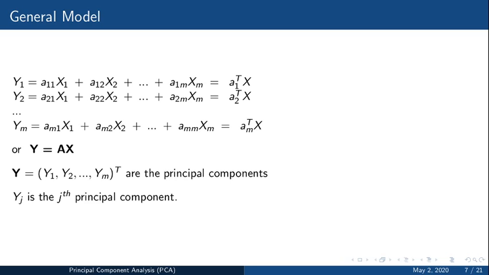If you generalize this model, in the previous example we had only two variables, and we were trying to reduce the dimension to one variable.